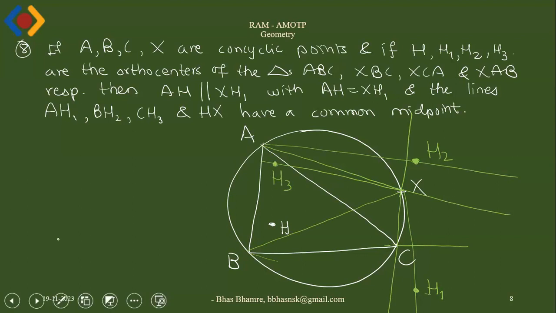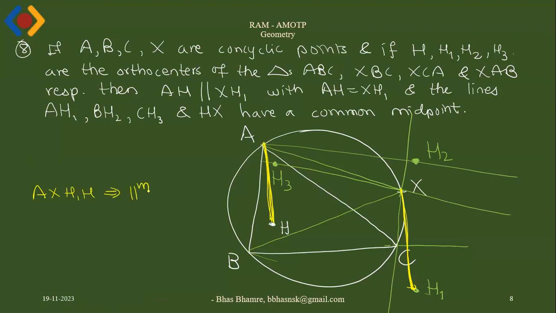Now it is said that this XH1 and this AH are equal and parallel. Wow. If they are equal and parallel, then actually AXH1H turns out to be a parallelogram.